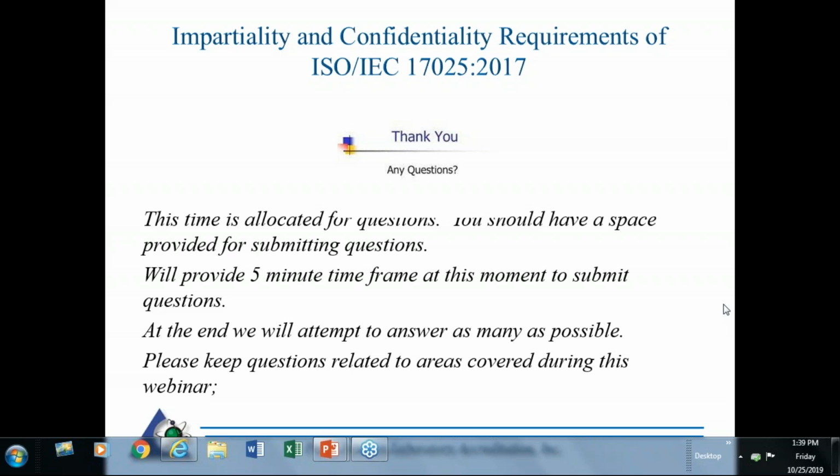The internal auditors, for example: there's less repetition in the 2017 standard. So, for example, it was very specific in 2005 that the internal auditor be trained. That is not specified now. That will come under personnel and competence.